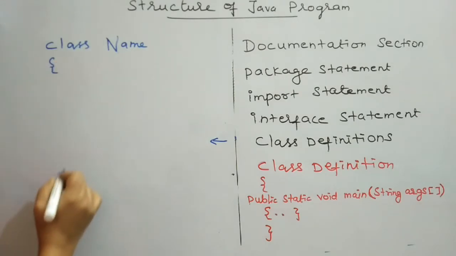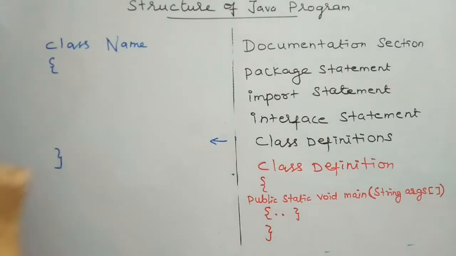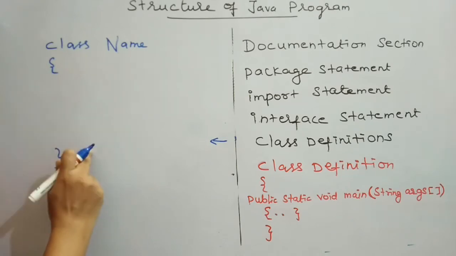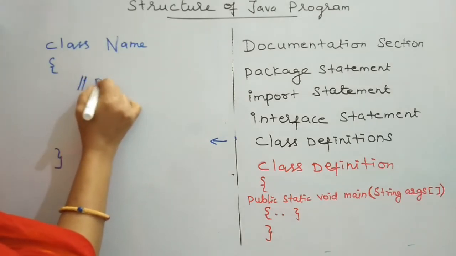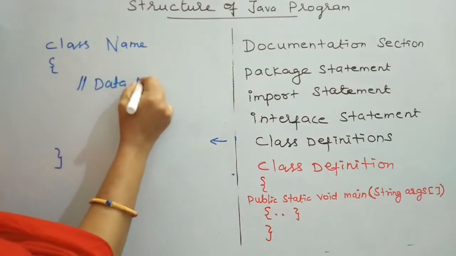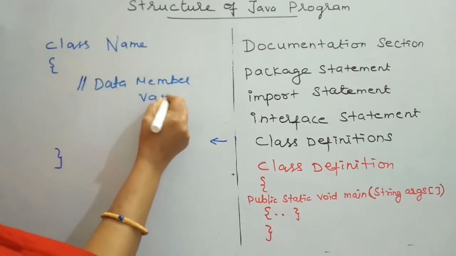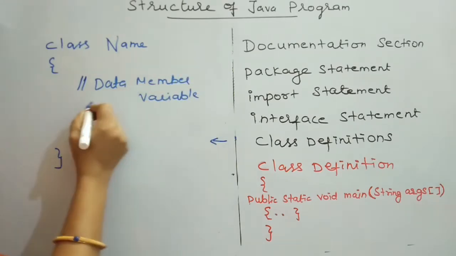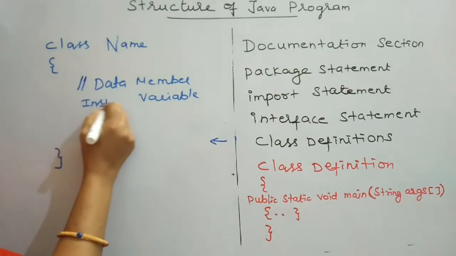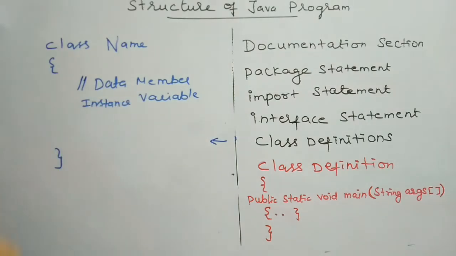Starting from this curly brace and up to the end curly brace, you may include your data members. Data members or variables, we call this variable an instance variable. Why do we call this an instance variable? This variable will be allocated memory when we are creating an object for this class.